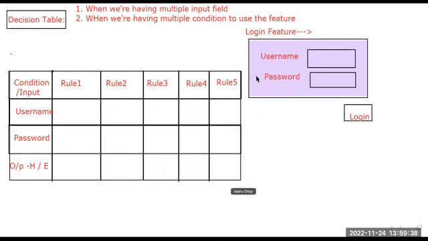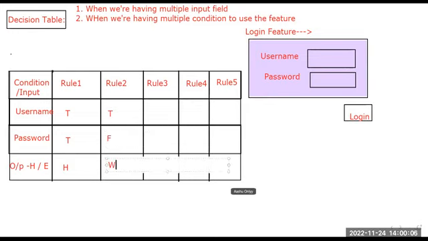Now my rule 1 is saying that if the username is correct and the password is also correct, what kind of output are we expecting? It should navigate to the home page. In rule number 2, if the user enters the correct username but an incorrect password, we get an error message.